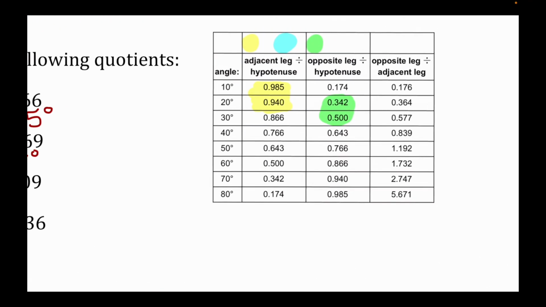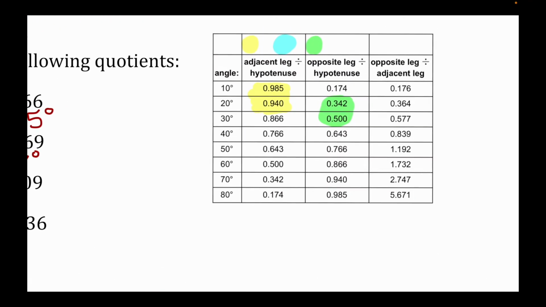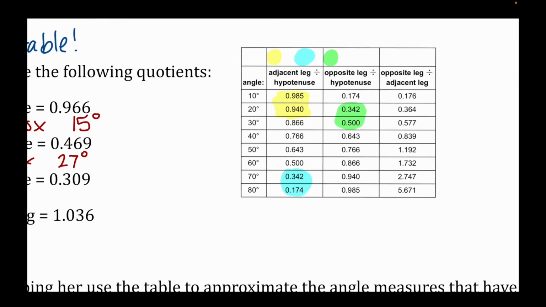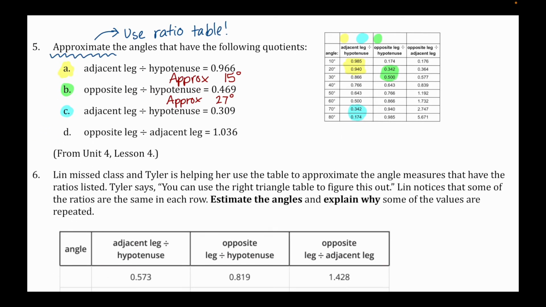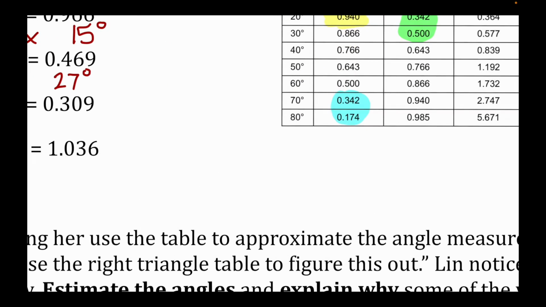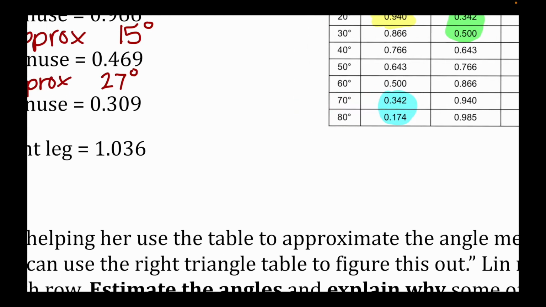So if we look closer here, 0.309 is going to land in between these two values down here at the bottom, 0.342 and 0.174. So it looks a little bit closer to the 0.342, so closer to 70 degrees. So between 70 and 80, definitely closer to 70 degrees.